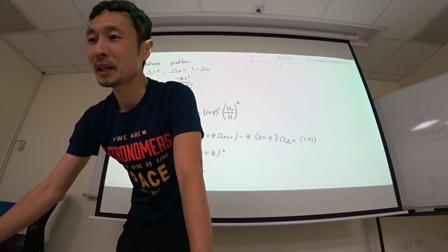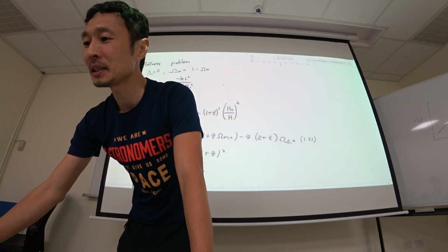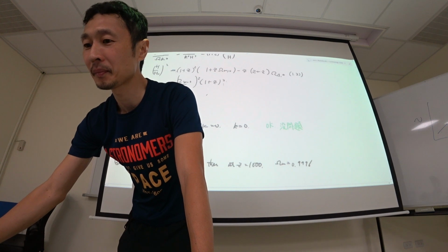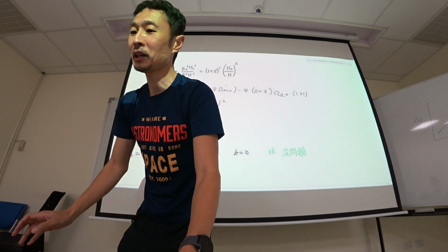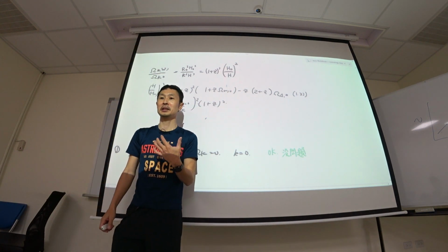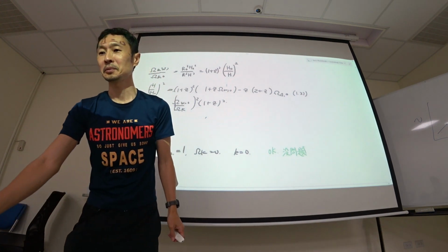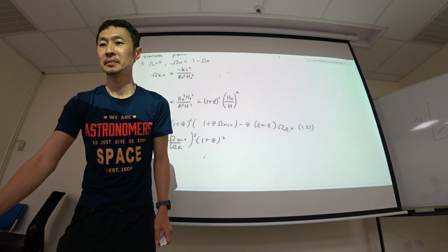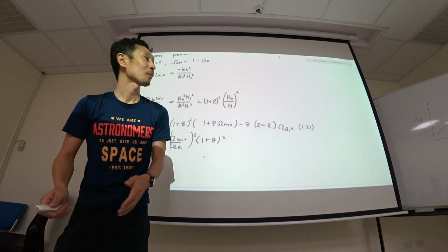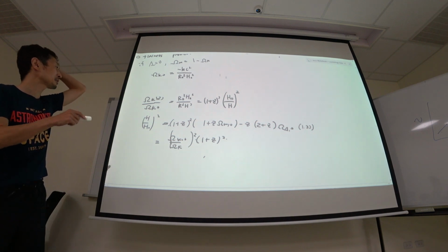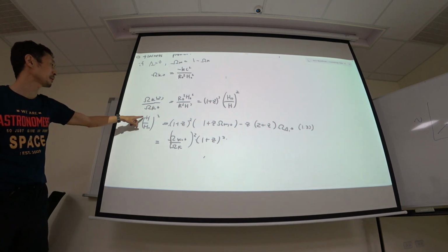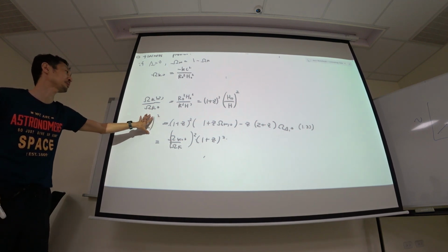Okay, so what we want to do is here. Now we have a Friedmann equation, right? So again, this is the Friedmann equation. You remember this H squared, that's the Friedmann equation, right?